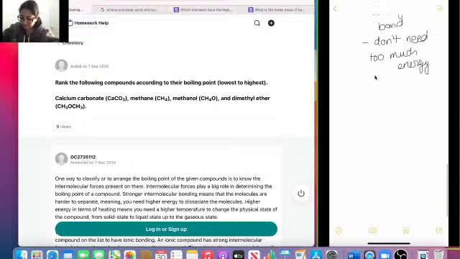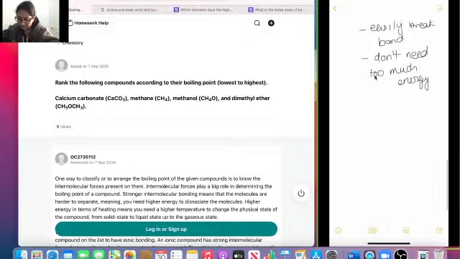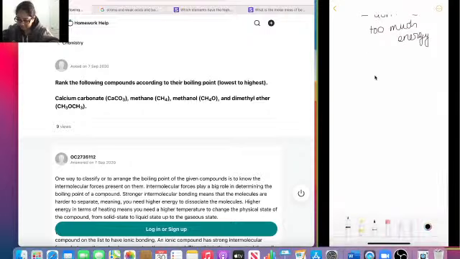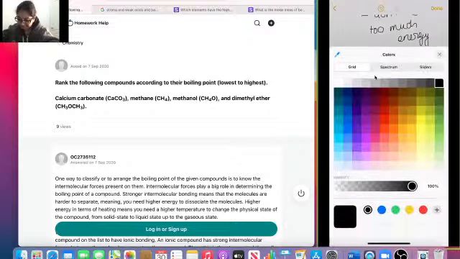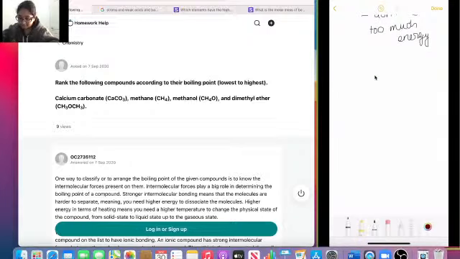Okay, now since we have done all the 4 compounds here, we can start to put them in order from lowest to highest, right? Lowest means the lowest boiling point, meaning the forces between those molecules are very, very weak.